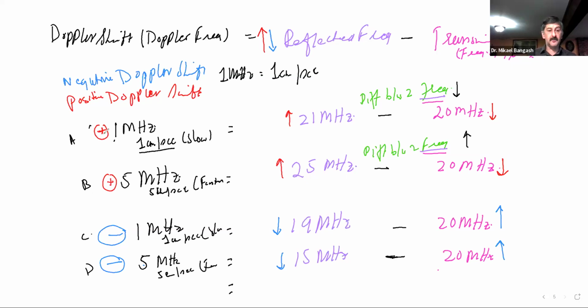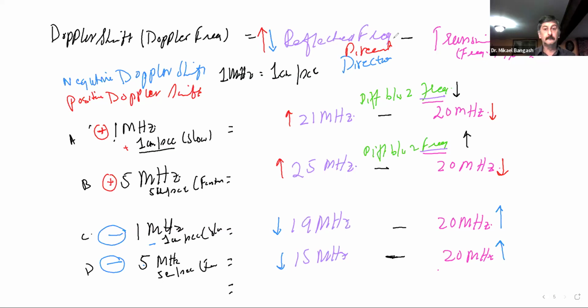So what does the positive Doppler shift mean? Well, it says positive Doppler shift of 1 centimeter per second, and negative Doppler shift of 1 centimeter per second. The positive and negative just tells you the direction.